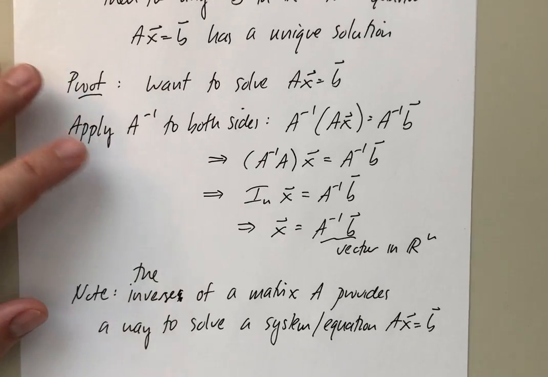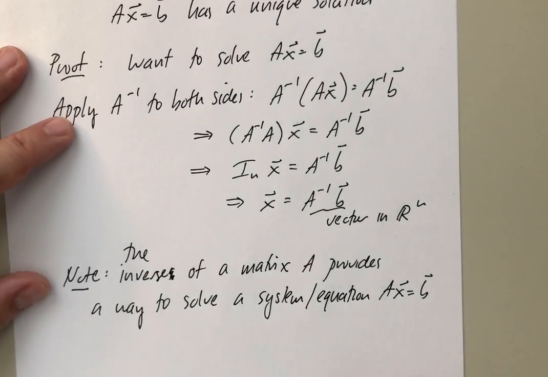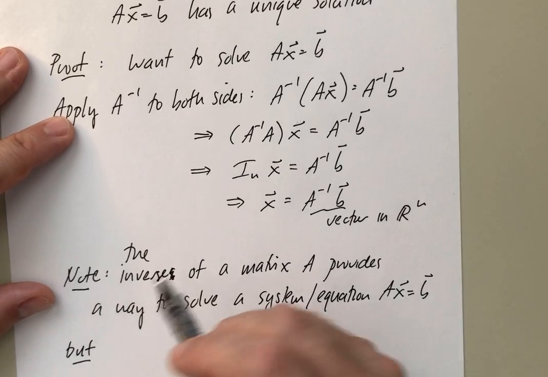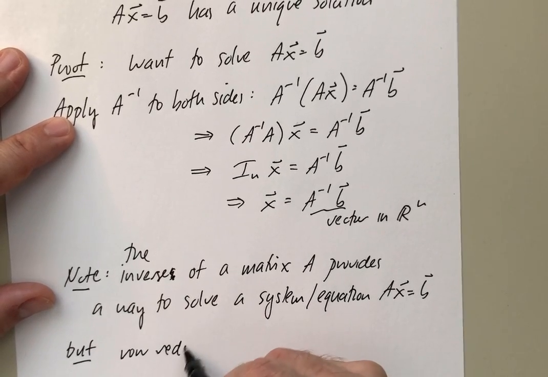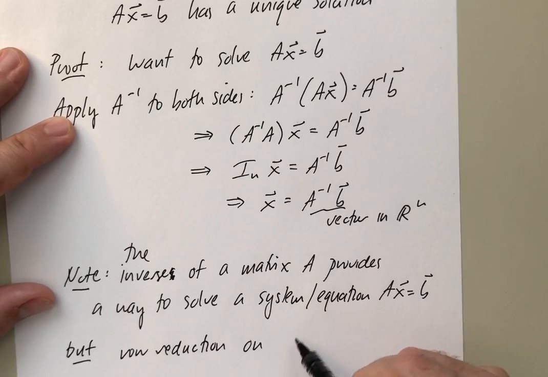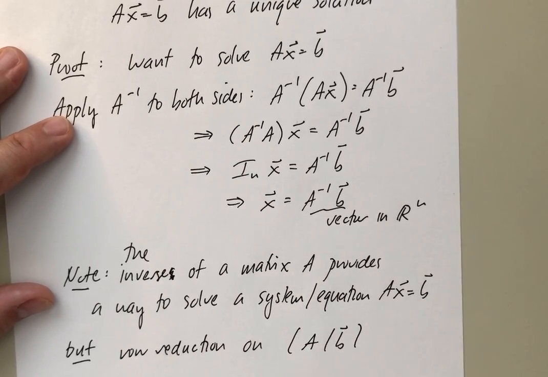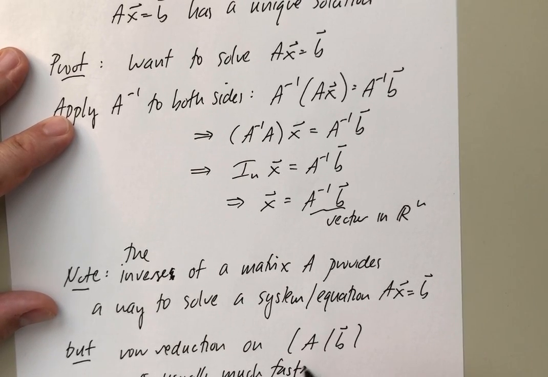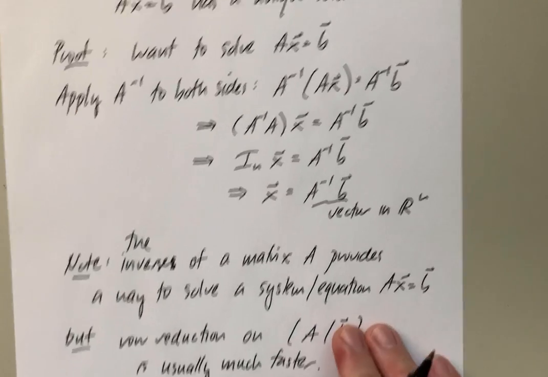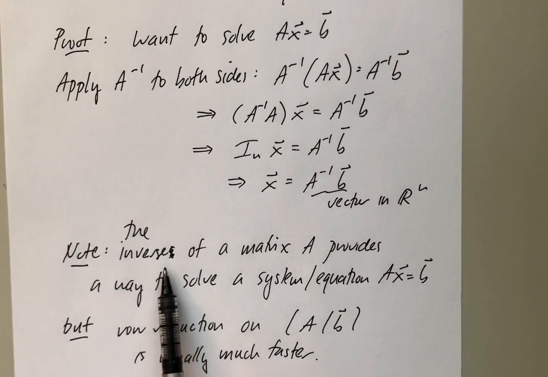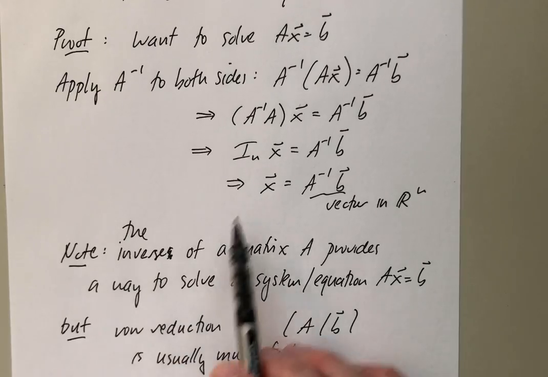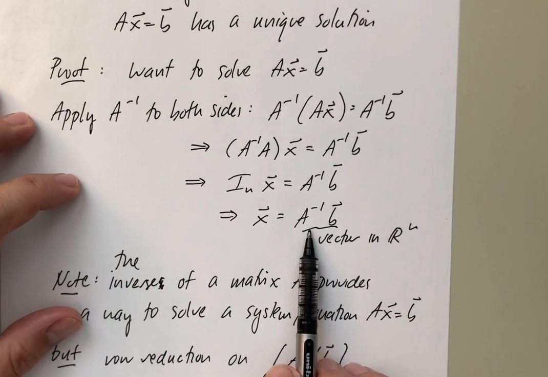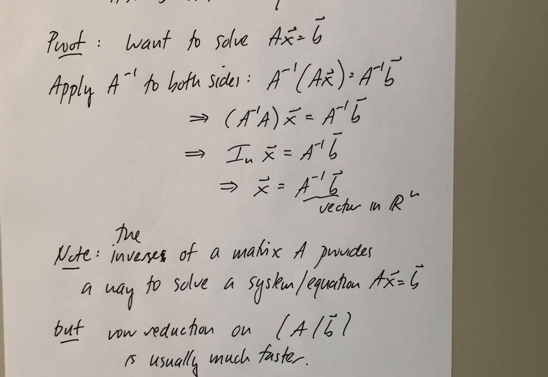But I should say that this is not usually how you want to solve a system. The usual row reduction on the augmented matrix is usually much faster. So this is not actually a sensible way to solve systems, but I'm saying that if you give me the inverse of a matrix, I can use it to solve systems because it actually tells me the solution. Okay, so next time we'll talk about some more important properties of inverses. So we'll see you then.